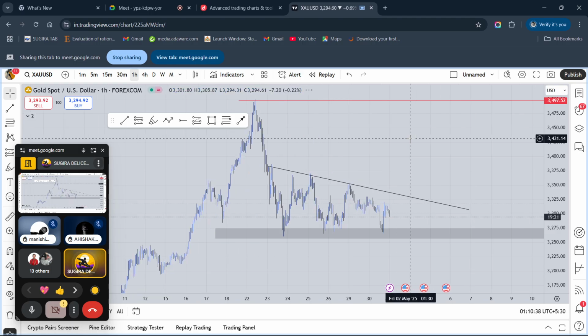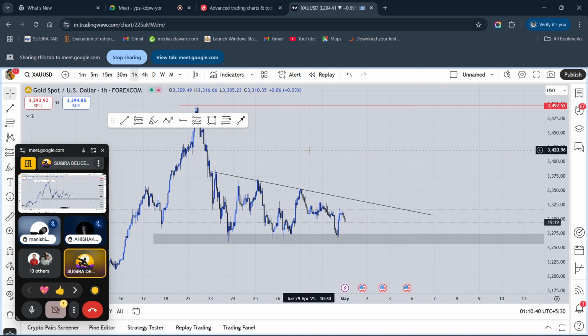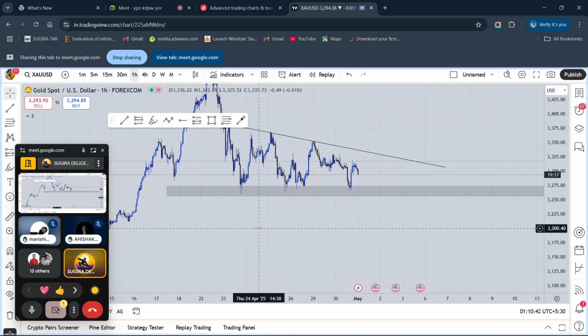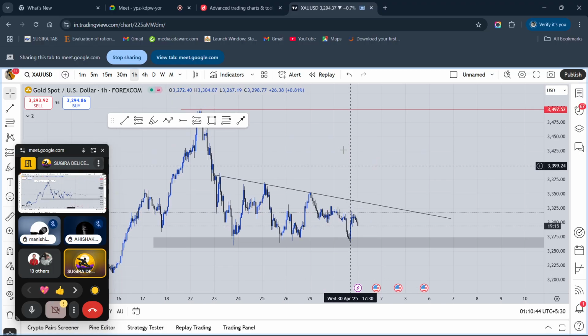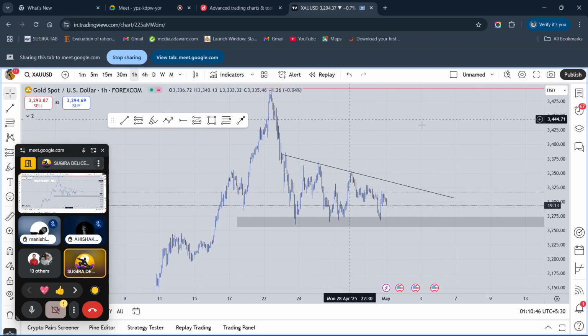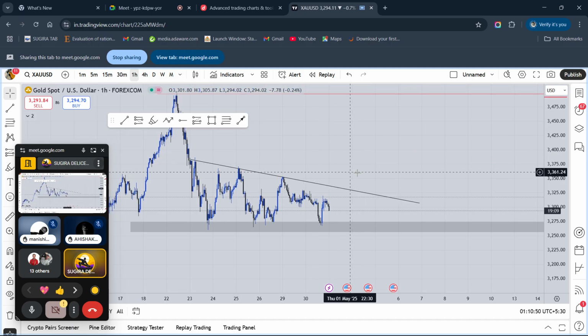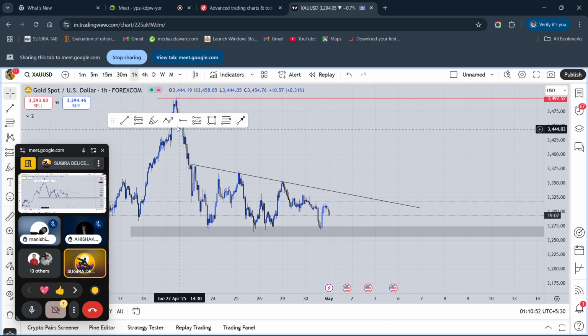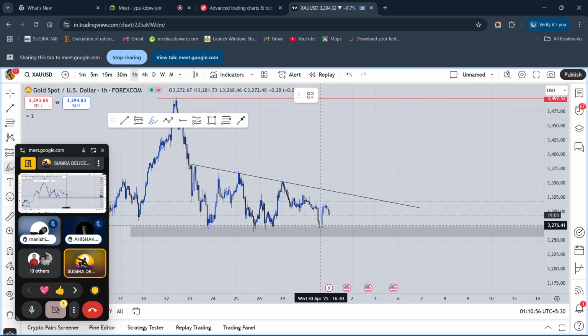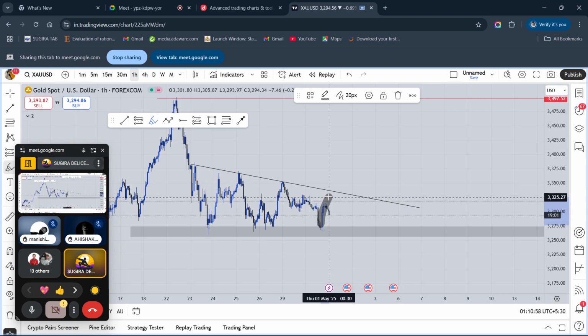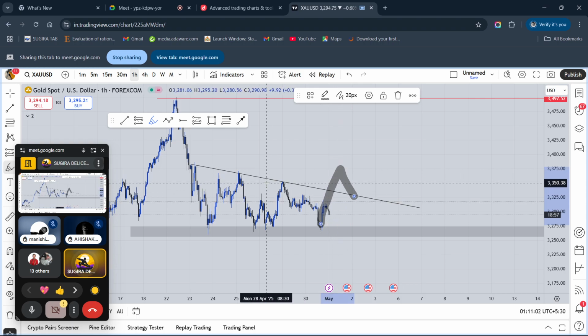A trade opportunity from here, since the market is heading to the upside, which is the general trend of the market, for us to consider entering the market, we will have to wait for the market to break out of this zone and retest this level.